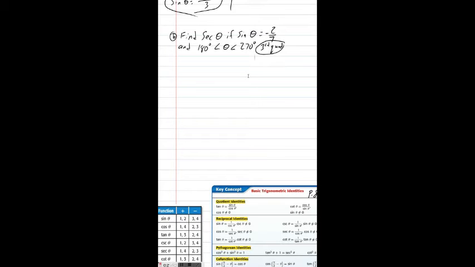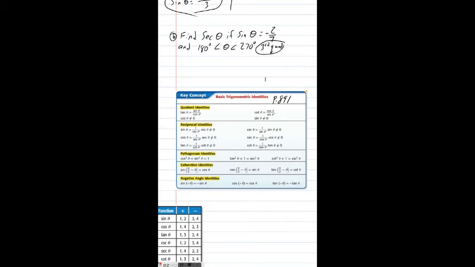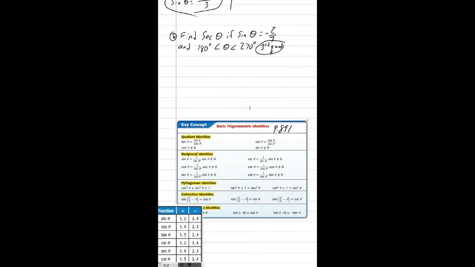In the past we've drawn the right triangle in the third quadrant, but I want to look at this differently. I'm looking for a relationship between secant and sine using these trig identities. Well, if we look down, we see tangent squared of theta plus 1 is equal to secant squared of theta.